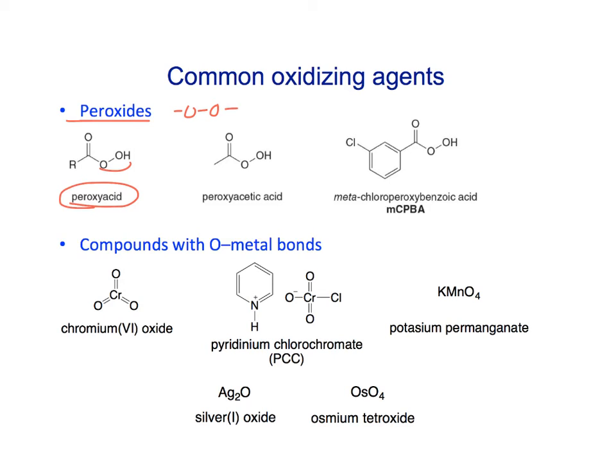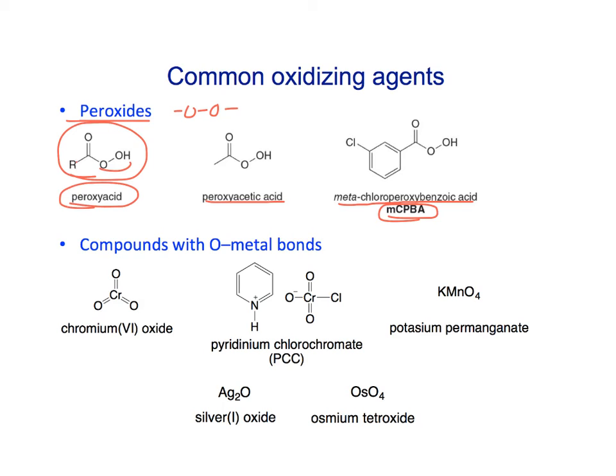Two examples of peroxy acids are peroxyacetic acid and metachloroperoxybenzoic acid, which is referred to oftentimes as MCPBA. If we're going to do reactions, I think just writing it like this with an R group works, since there are many different peroxy acids that can be used, but the important part is that functional group.